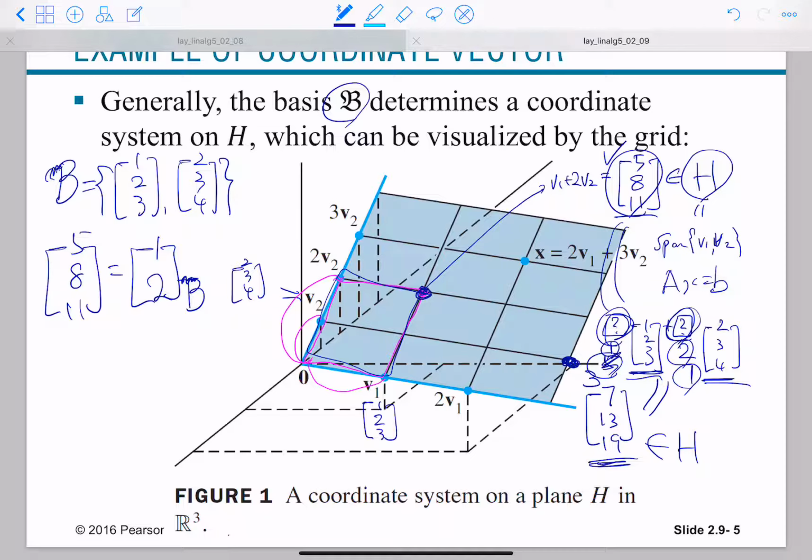Okay, so this guy, 1 and 2, or 1, 2, is called a coordinate. Okay, coordinate relative to this particular basis in our subspace H, or spanned by our basis. Does it make sense? So again, we consider some subspace H and its basis vectors, which fully span the given subspace and are linearly independent.